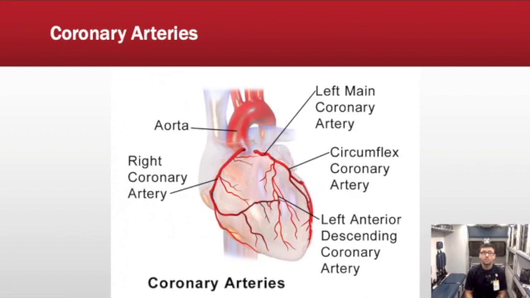If you think about the right coronary artery, you're thinking about the right side of the heart. The left coronary artery is the left, and the left anterior descending goes over the front of the heart to supply the heart with blood. So again, from the left ventricle up through the aorta into each of these coronary arteries to supply the physical heart with oxygenated blood.